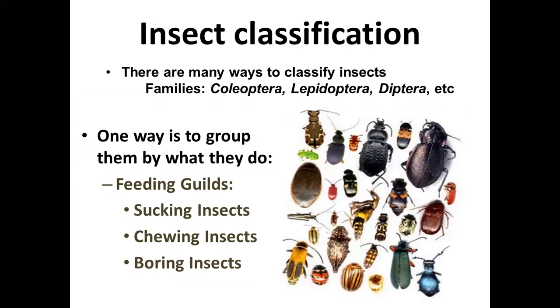Chewing insects are ones that feed typically on leaf tissue, like your Japanese beetle or tent caterpillar or sawfly. And then the boring insects, not boring like they're not very interesting. It's boring like they bore into things. They can tunnel in and feed on phloem; their life cycle is adapted to tunnel into things and bore.